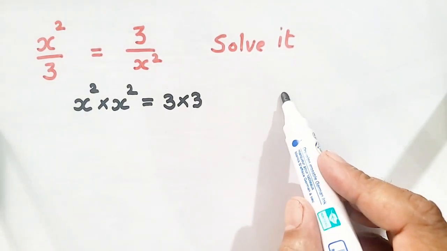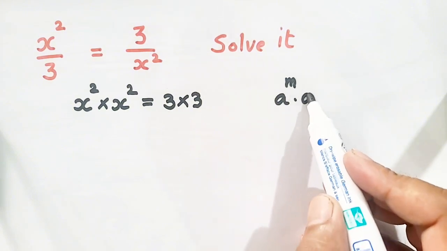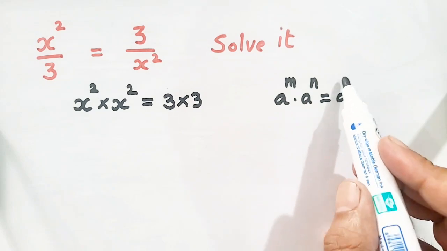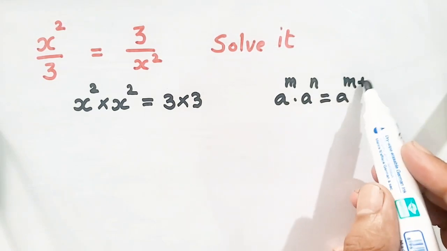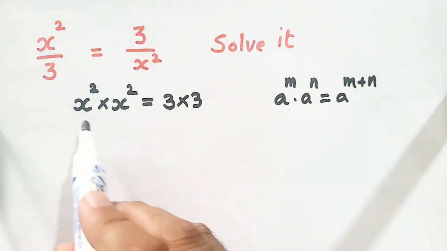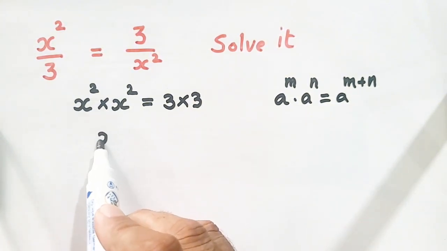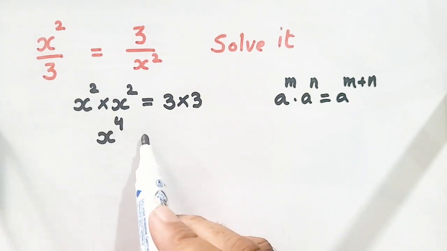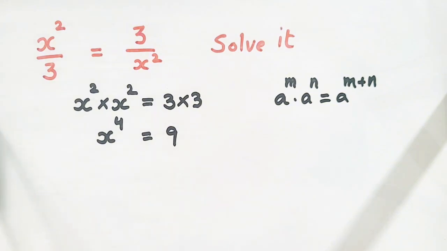As we know that if a to the power m and a to the power n, the bases are the same, so the powers will be added, m plus n. So x and x bases are the same, so it will be x to the power 2 plus 2, which will become 4. x to the power 4 will be equal to 9.